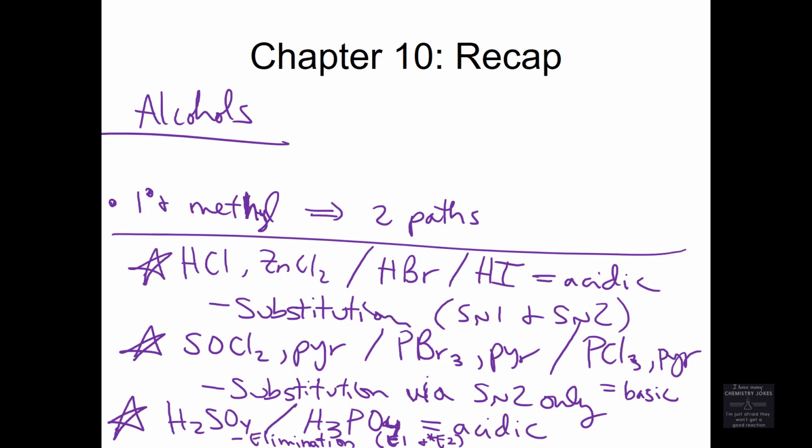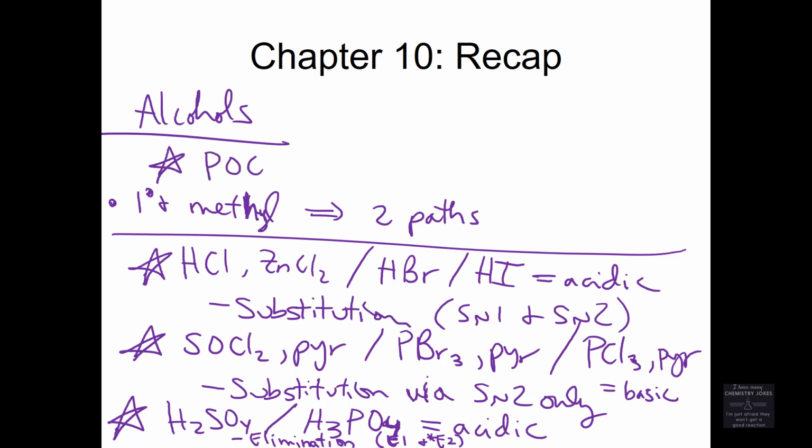Alcohols can be substituted with things like SOCl2 and pyridine, PBr3 and pyridine, TsCl and pyridine. Those are separate acidic and basic conditions, and they do slightly different mechanisms. Alcohols can be eliminated if you add things like H2SO4, H3PO4. That's acidic conditions, mostly E1 with a carbocation.